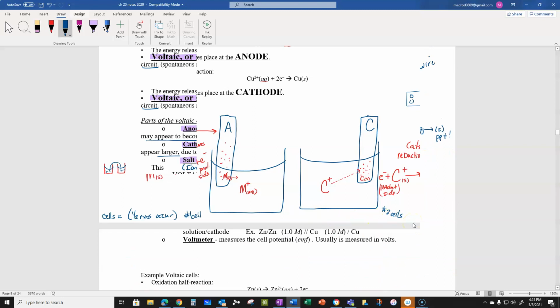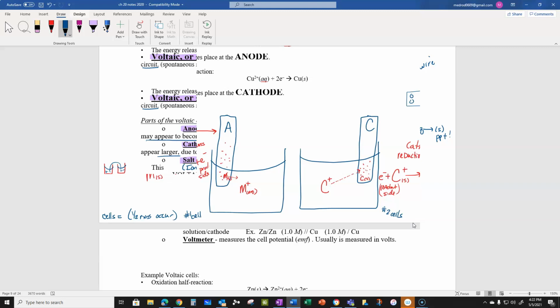Okay, so the salt bridge sometimes could be like a paste or a gel. You may have seen it in that one video where it looks like a glass tube, an upside down U-shaped tube, with a paste in it.